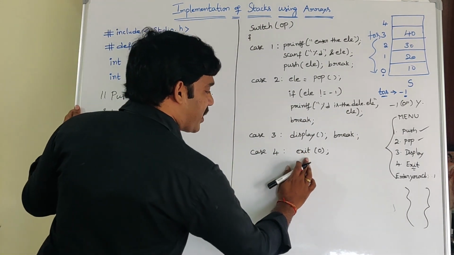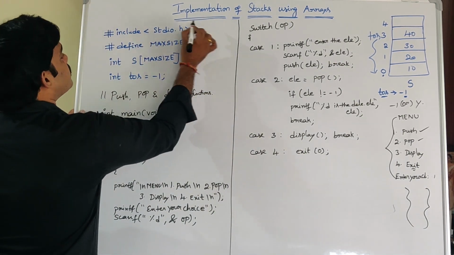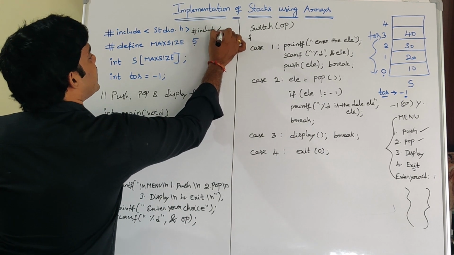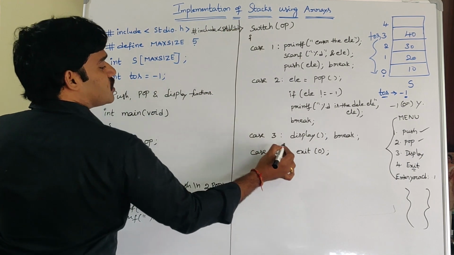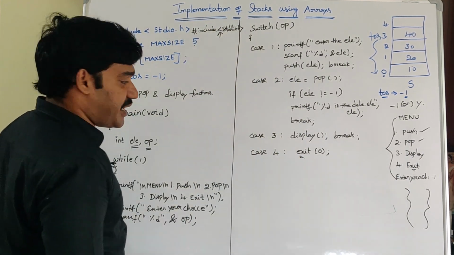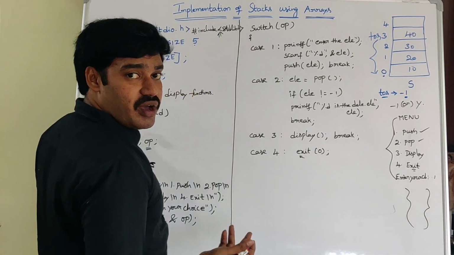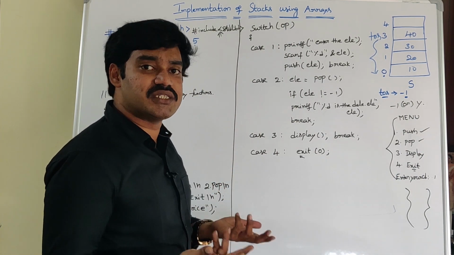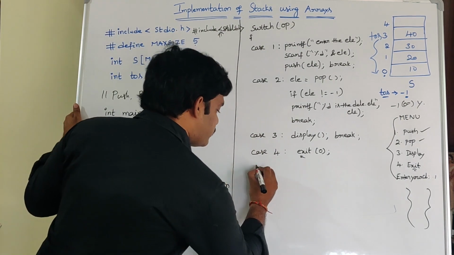This exit is a predefined function that is available in #include stdlib.h, the standard library header file. So exit of 0, here no need to use the break statement. Why? Because exit means to come out of the program. Again, what is the use of the break statement? No use. So no need to write break.